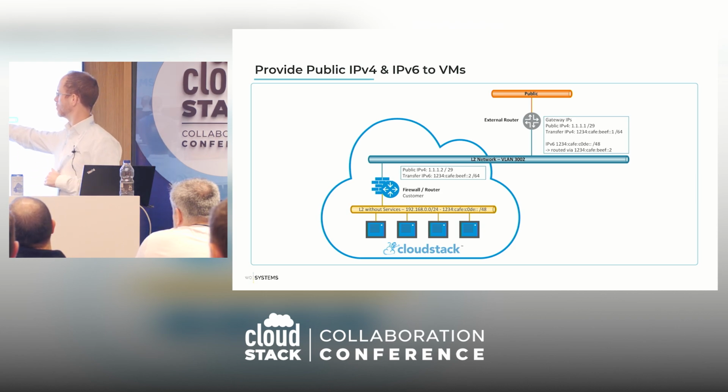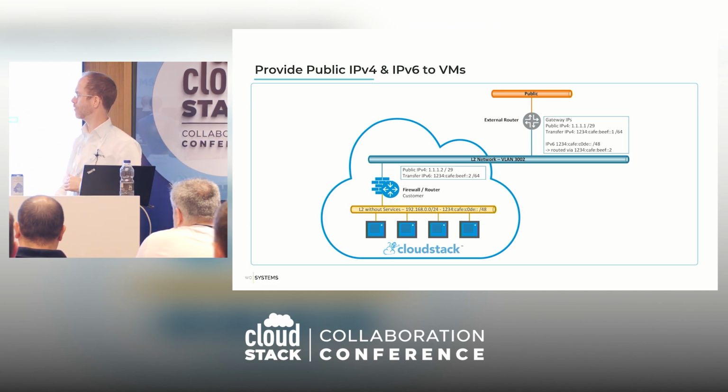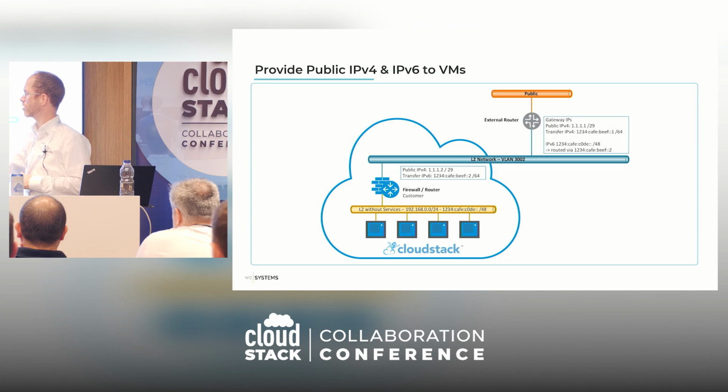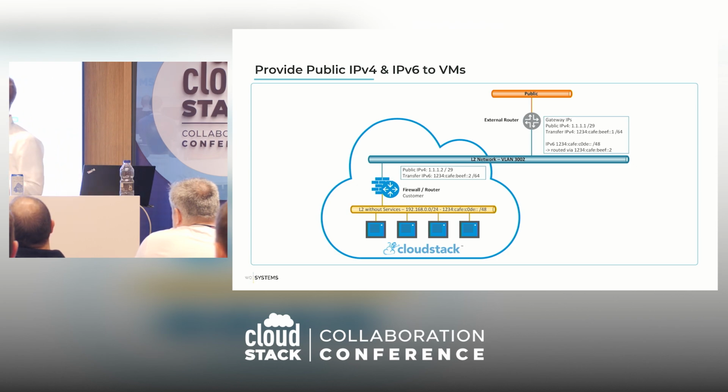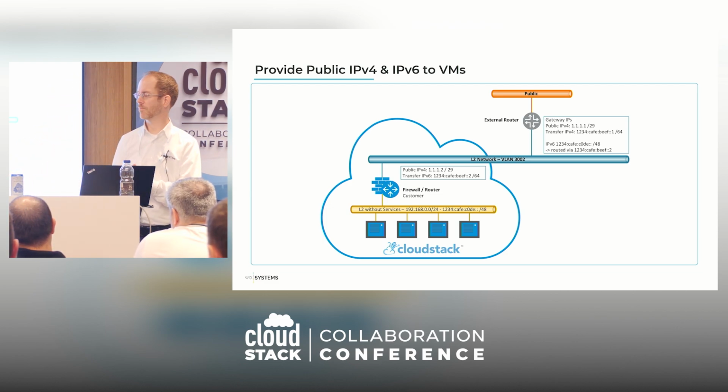Again, with IPv6, we define a transfer net, which is a /64. Within this /64, we have one IP address on the external router, and we give the customer another IP address of this transfer network.